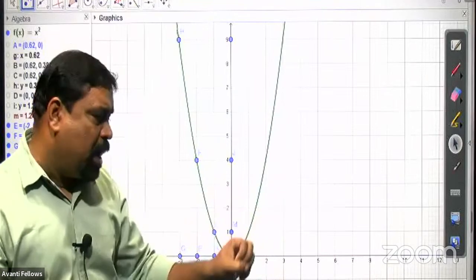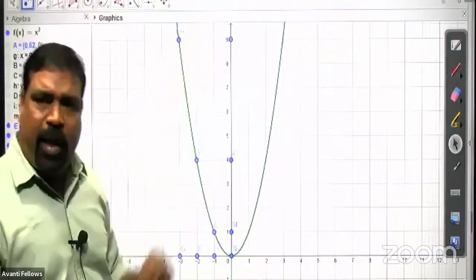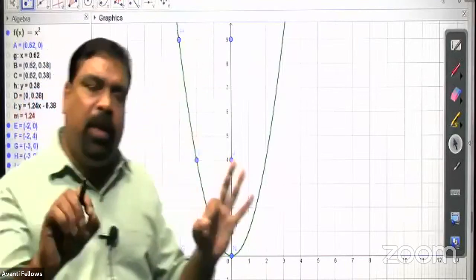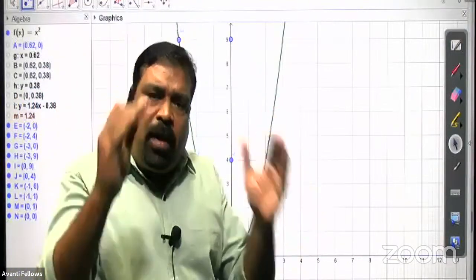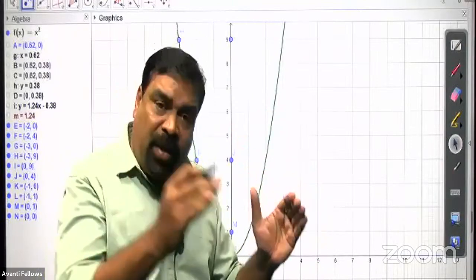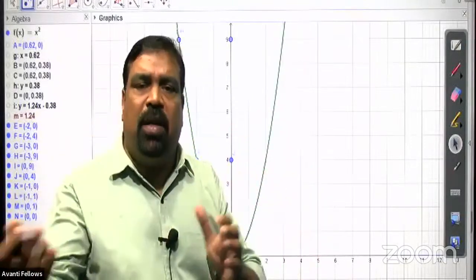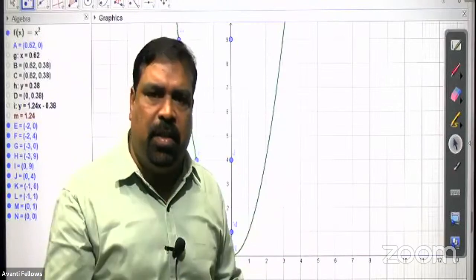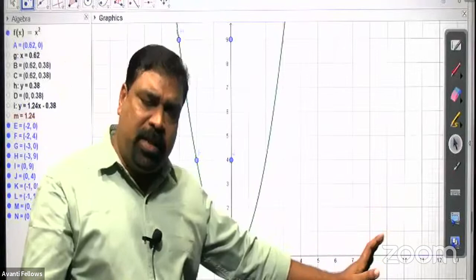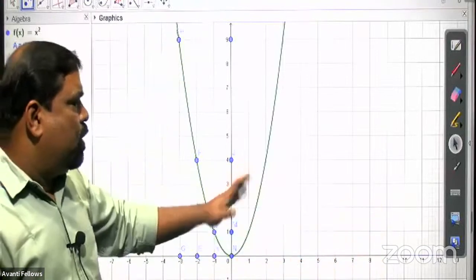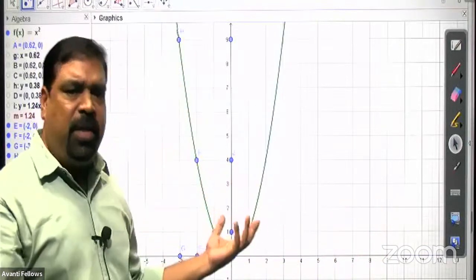In this area, some function may be given like this, and we have to determine the intervals in which the function is of increasing nature and in which the function is of decreasing nature. Here, if I take the whole domain of real numbers, it is neither increasing nor decreasing.